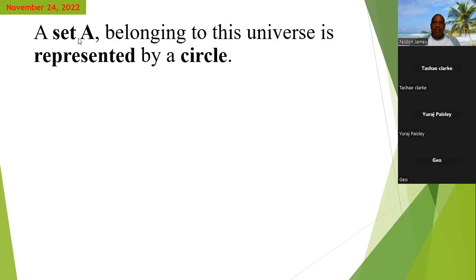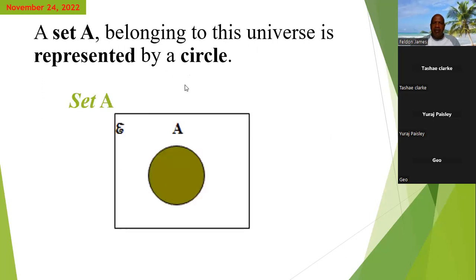Now, a set A belonging to this universe is represented by a circle. So here we have the rectangle for the universal set, and then set A, which is a subset of the universal set, is represented by a circle.